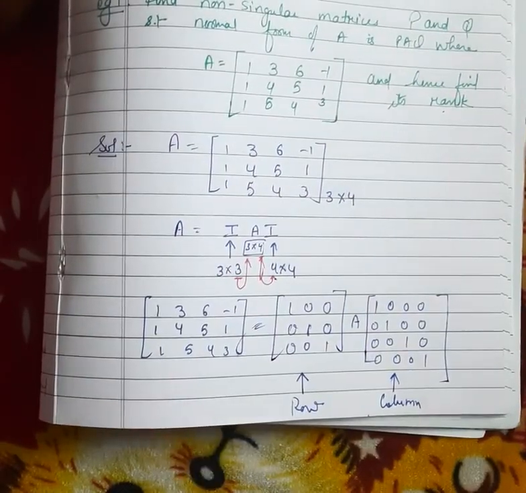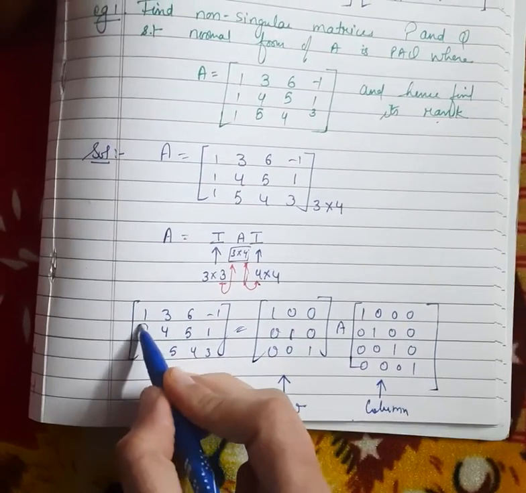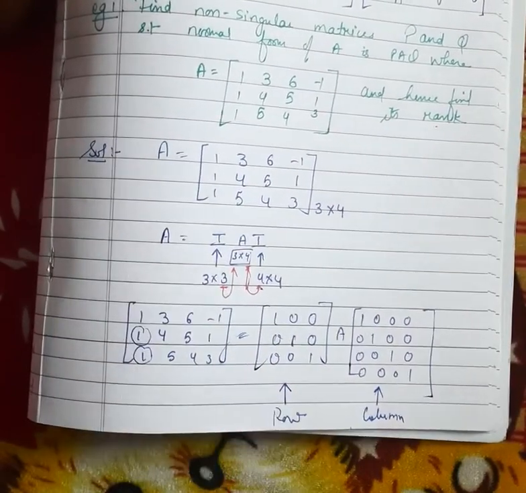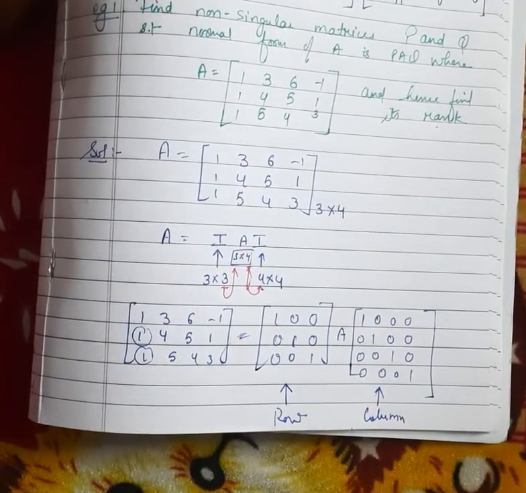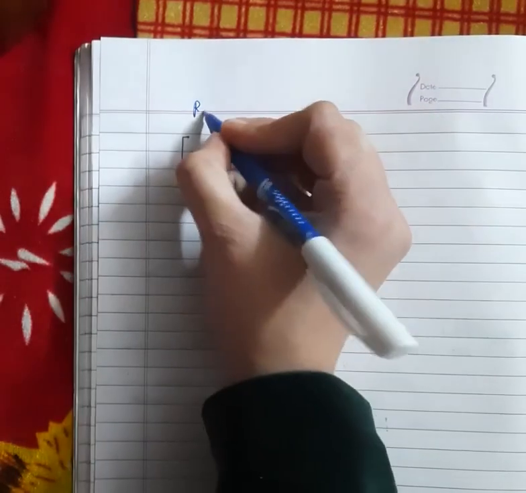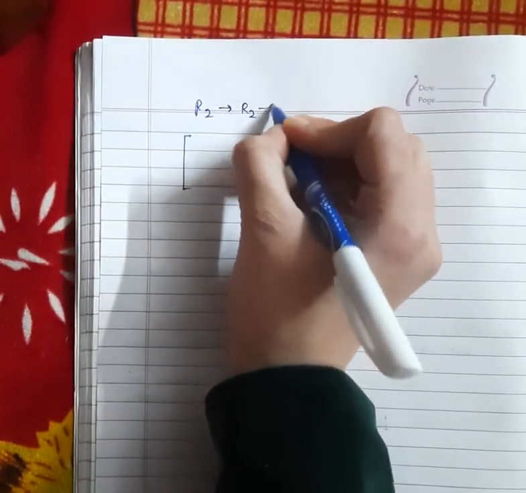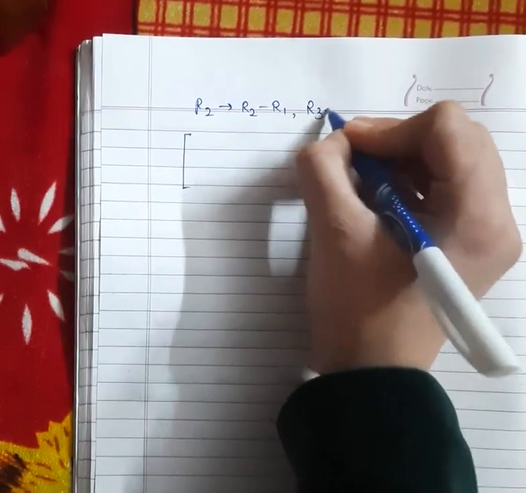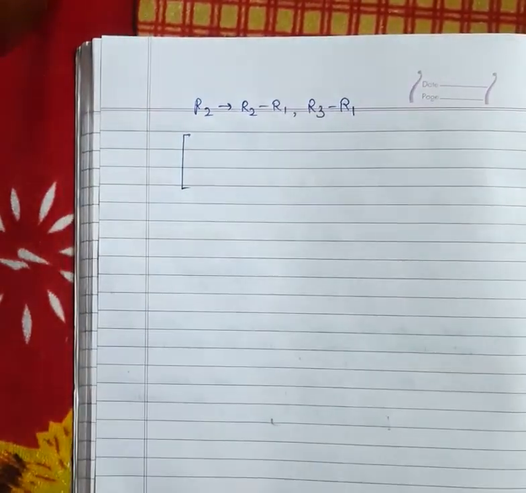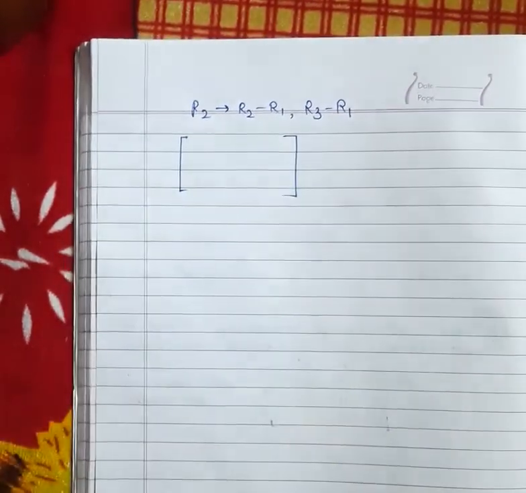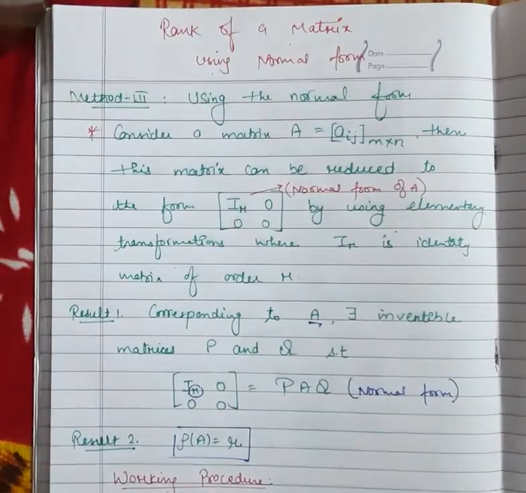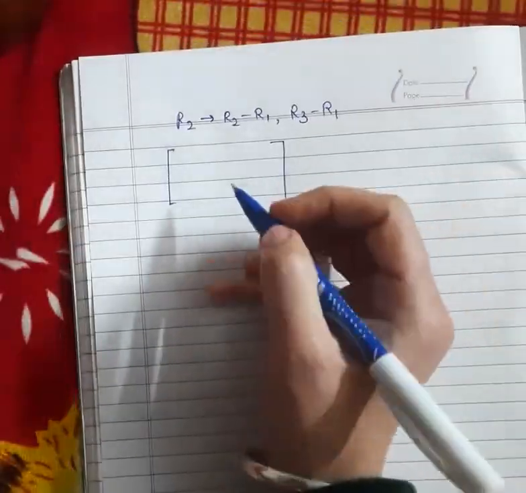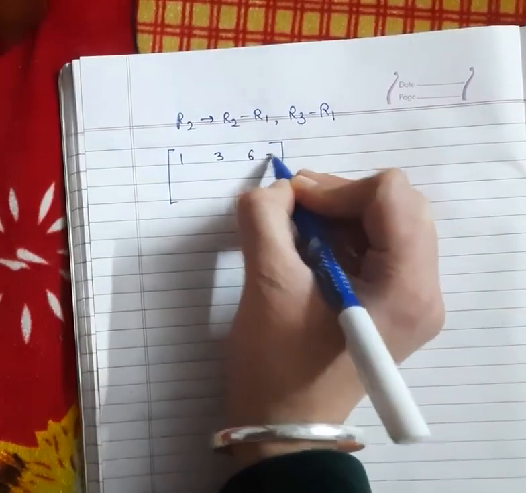Now we will start applying the operations. My first target is to change these two entries to 0. Let's apply the operation R2 as R2 minus R1, and R3 as R3 minus R1. Now the matrix A has entries 1 3 6 minus 1.